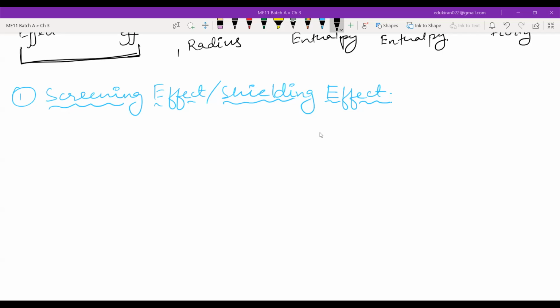In chemistry, it depends: if the students on the last bench make more noise, then the attention will be on them more. But if it is stable, nothing is going on, then the first row will get more attention. The same thing happens with protons and electrons.